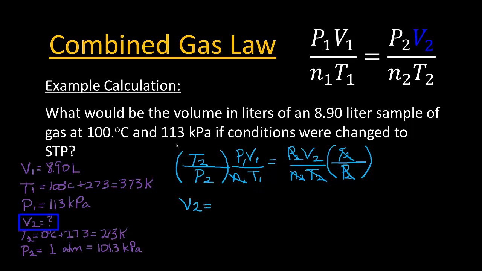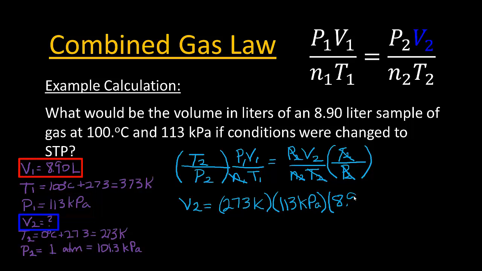Now I'm just going to plug all that in. I've got V2 is equal to T2, which is the second temperature, so I'm going to do 273 Kelvin. And I'm going to multiply that by the initial pressure, and that is 113 kilopascals, times the initial volume, which is 8.90 liters.